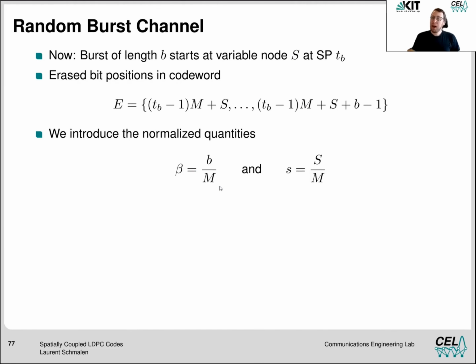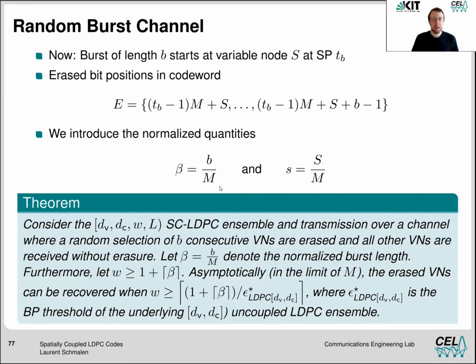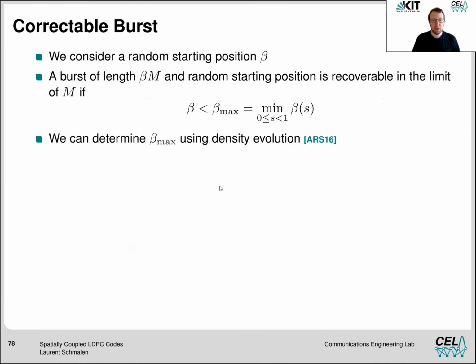Then we can look at what happens if there is a burst that happens at a random position, and we can actually carry out density evolution. Again, I will skip over these. So we look at a burst that happens at a random starting position, and then what is the largest burst error that we can correct in a guaranteed way.